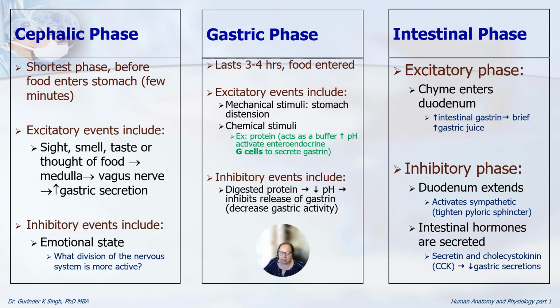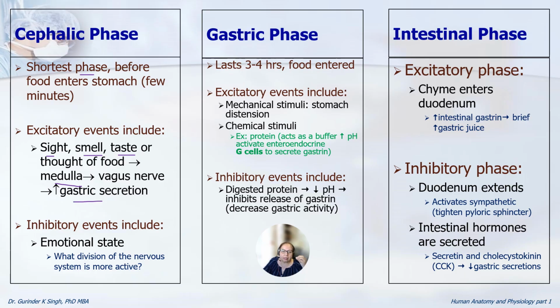The cephalic phase is the shortest phase, and it is typically before the food has physically entered. It lasts a few minutes. What triggers this phase is the sight, the smell, the taste, or even the thought of the food. The receptors in your mouth or nose carry these signals to the brain, where the centers are present in the medulla, and then the action comes through the vagus nerve, and gastric secretion occurs.